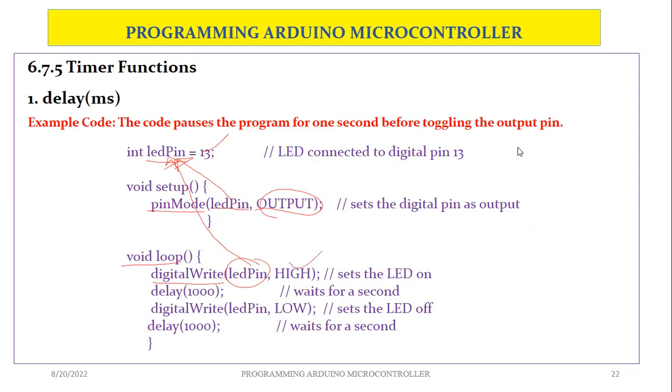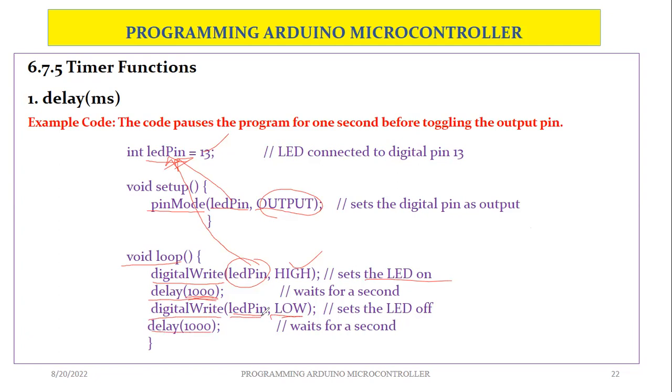We set that pin high. So basically, when we send a high output to that pin, we are turning on the LED. Then we put a delay of 1 second, that is 1000 milliseconds. And then thereafter, use again the digital write function to that same pin, the LED pin number 13. We now turn it off by sending a low signal to that pin.